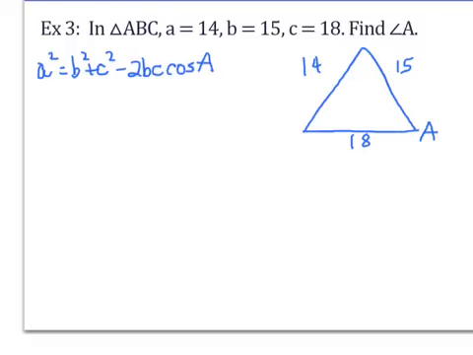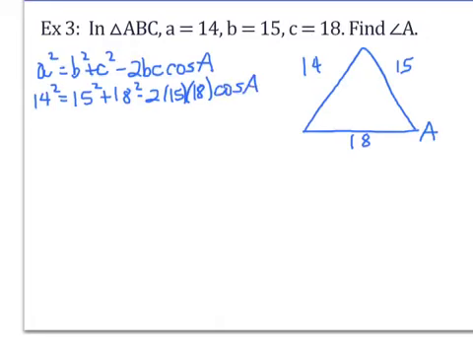So let's start substituting what we know. We know that A is 14, and that B is 15, C is 18. So we're just going to substitute, put everything into place, and square these, and you'll square 15 and 18 and add those together for 549, and then you'll multiply 2, 15, and 18. That gives you 540.